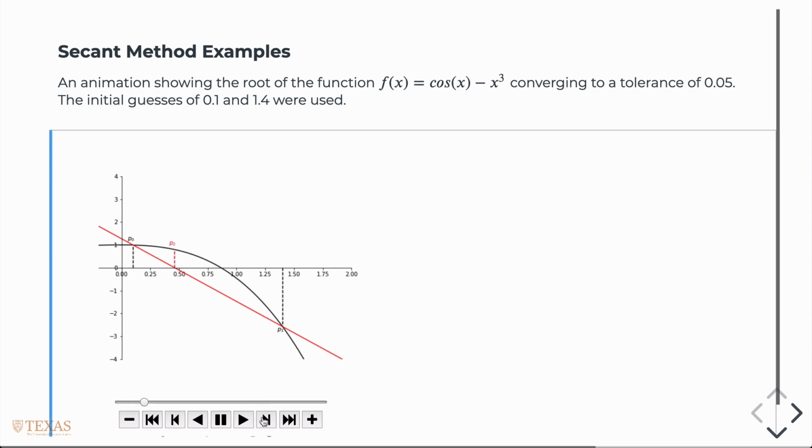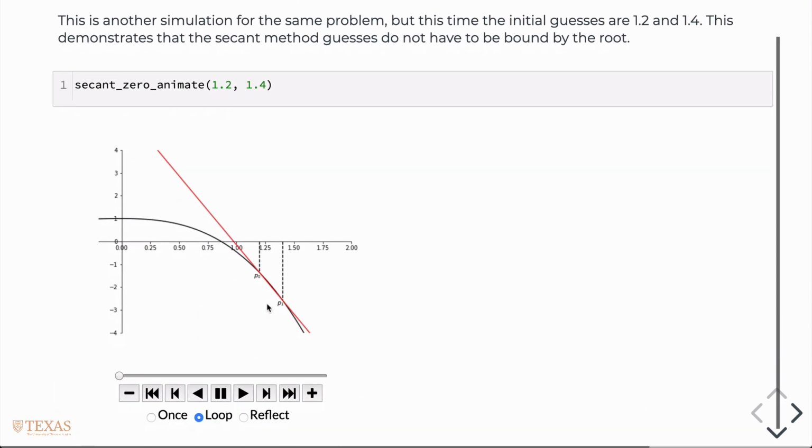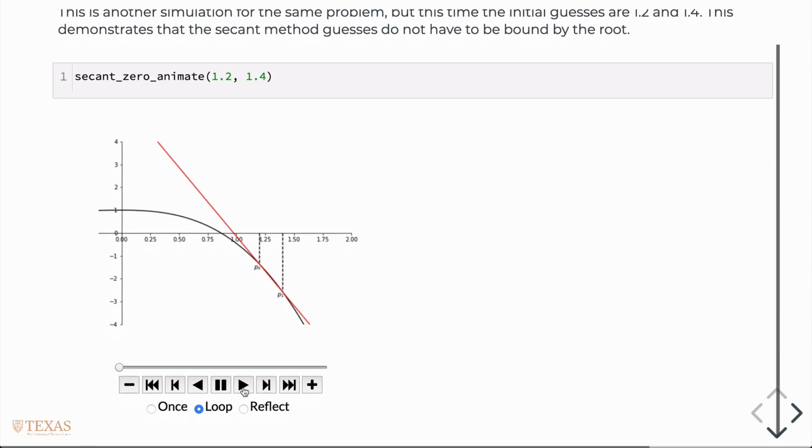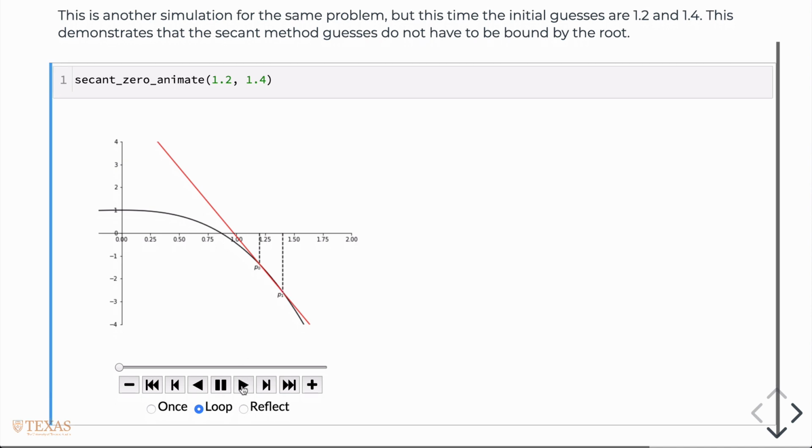Then use that point to compute a new tangent line, compute the new guess, compute a new tangent line, and we continue to do this until it converges to the root. In that example, I used initial guesses that bound the root, but that's not a requirement of the secant method. So in this example, I used two initial guesses that do not bound the root, and you'll see that it still converges.